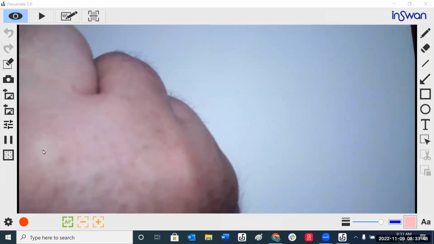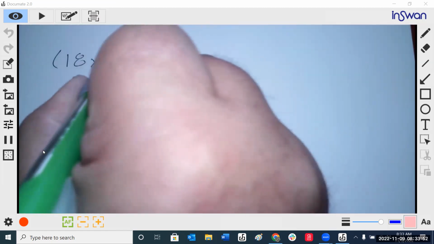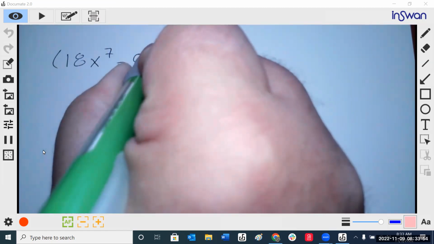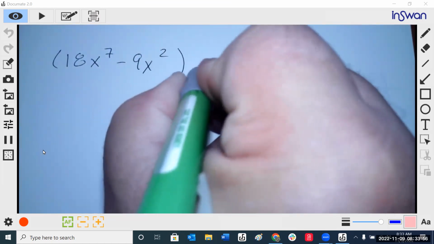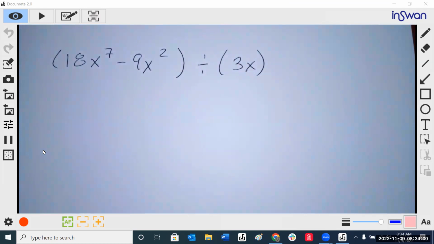Okay, what if I gave you this? 18x to the 7th minus 9x squared, all that divided by 3x.